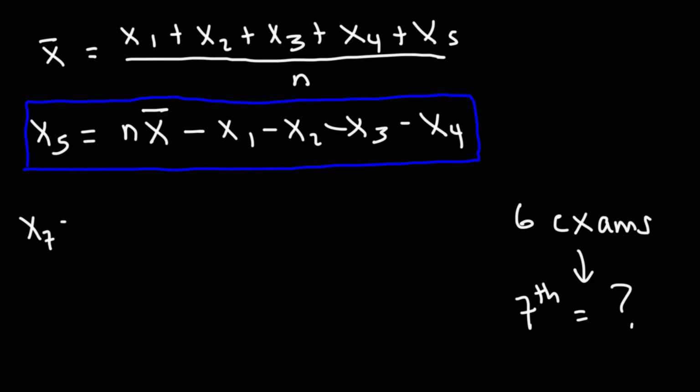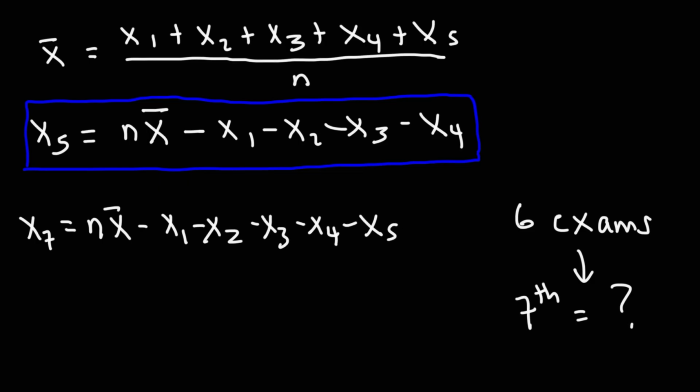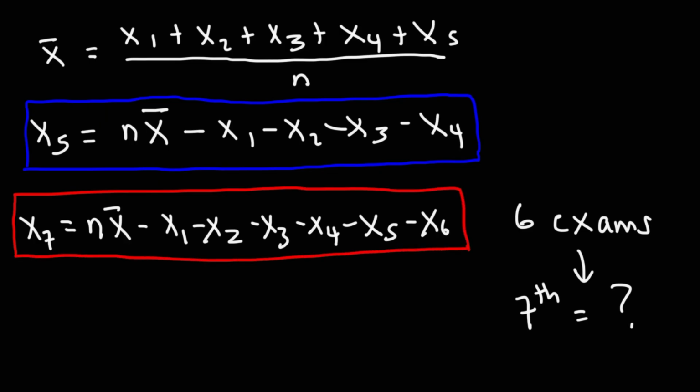So x7, the score you need on the 7th exam, is going to equal n times x bar minus x1, x2, x3, x4, x5, and x6. So this part can continue forever based on how many exams you have in that class. So this is how you would calculate the score you need on the 7th exam to get a certain average.